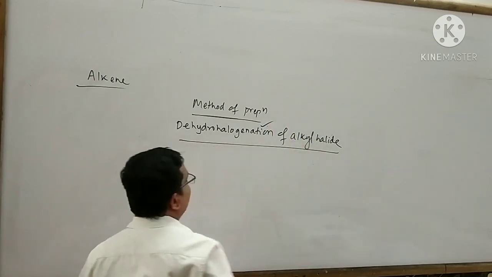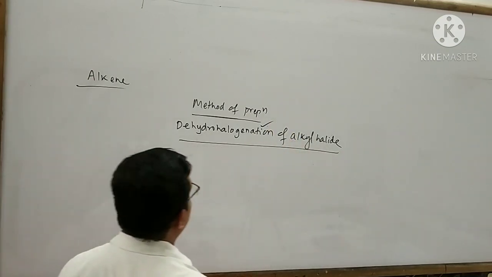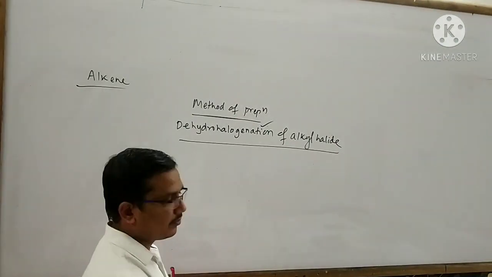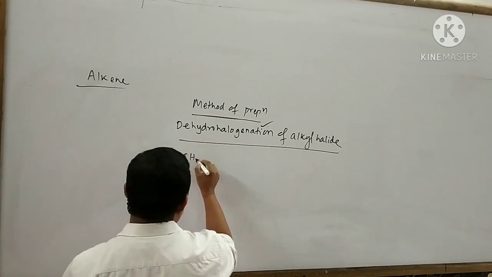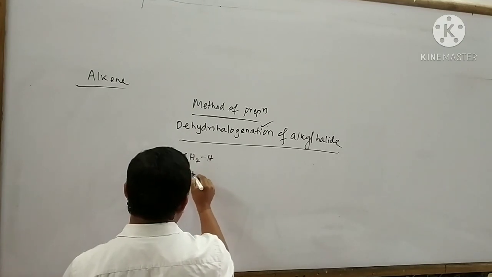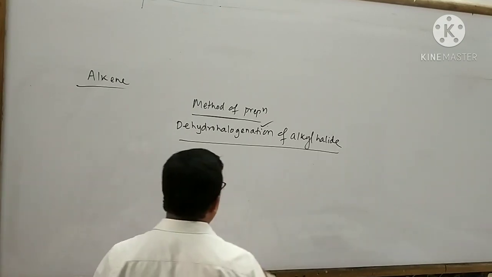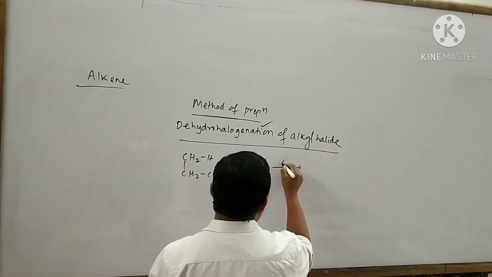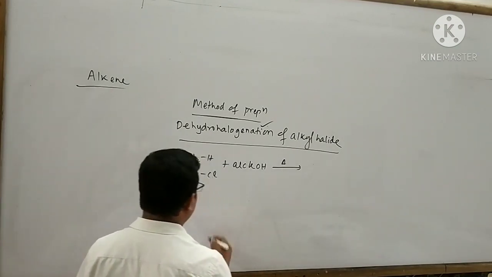What is the meaning of dehydrohalogenation? Dehydrohalogenation means loss of a hydrogen atom and a halogen atom. Suppose we take an example. This is ethyl chloride. This is the structure of ethyl chloride. When ethyl chloride is subjected to reaction with alcoholic OH, then what will happen? There is loss of a hydrogen atom and a chlorine atom.